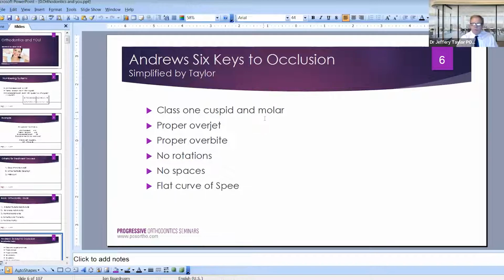So the 4 upper and the 4 lower incisors articulate correctly, and they're called mutually protective. They also will guide you in excursive movements such as lateral and anterior excursions during mastication. So that's why a class 1 cuspid is important. It's not something that was just made up. It really has some meaning to it.